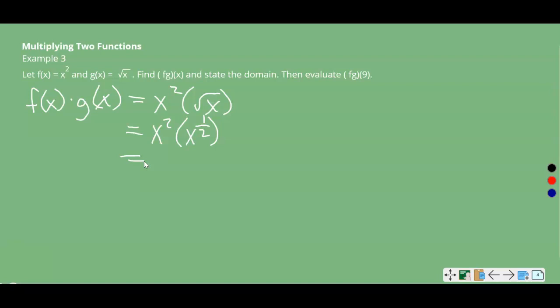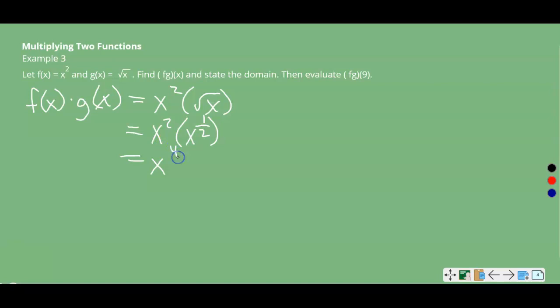The properties of exponents say same base. When you're multiplying, you add your exponents. So we have to have a common denominator. So we're going to have x squared can be written as x to the 4 over 2. So we need a common denominator of 2.